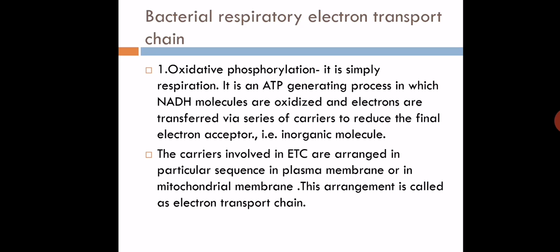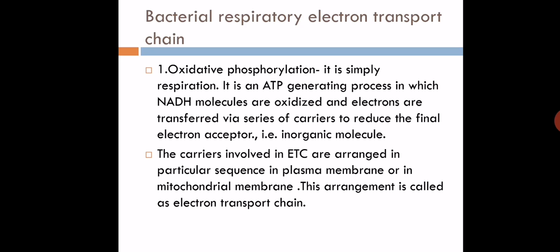The carriers involved in the electron transport chain are arranged in a particular sequence. You should remember that the sequence of carriers depends upon their electronegative potential or electromotive potential. The first will be NAD, then FAD, then coenzyme Q, then cytochrome, and then the terminal electron acceptor.